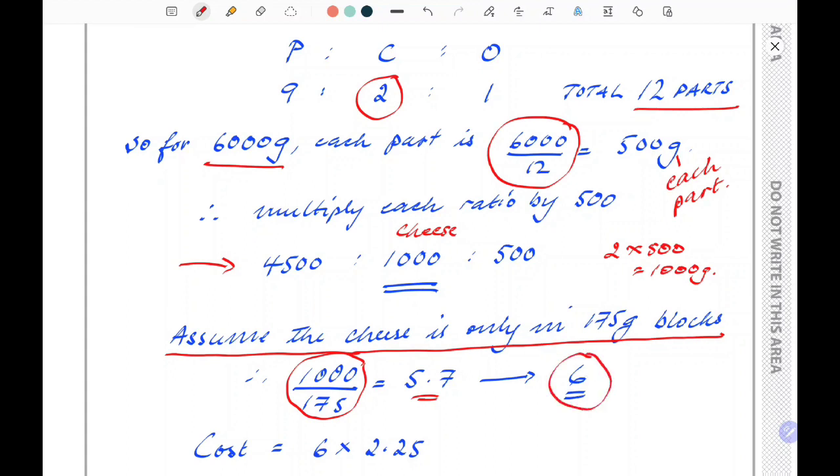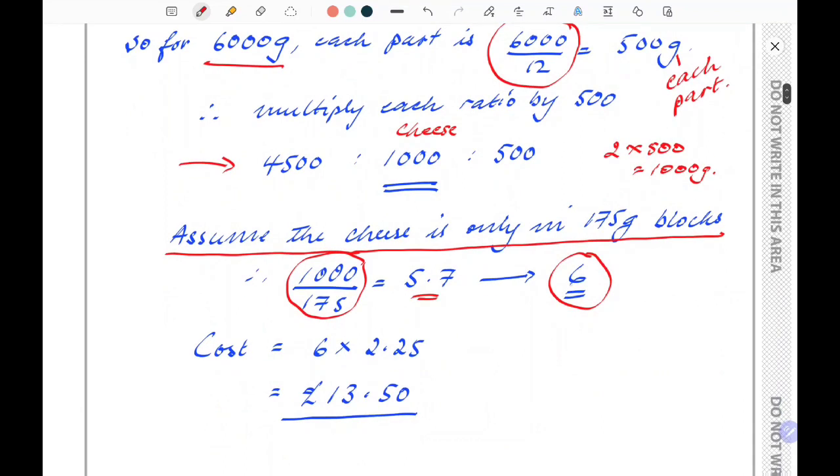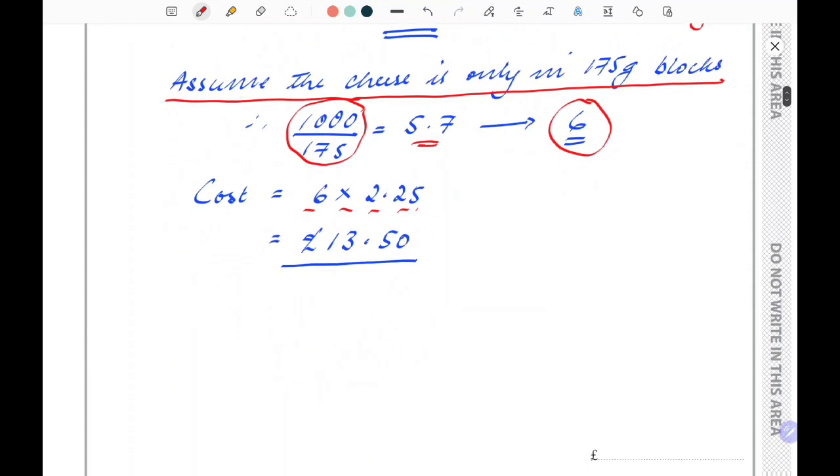All right. And so the cost of 6 of these packets or blocks, £2.25 each, comes out to be £13.50. So there's your answer there.